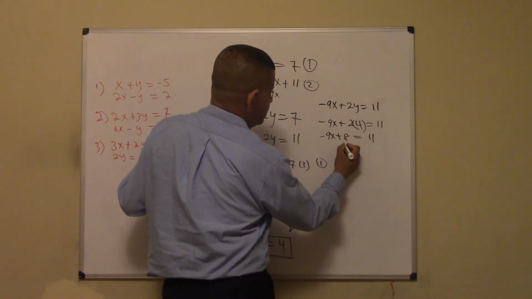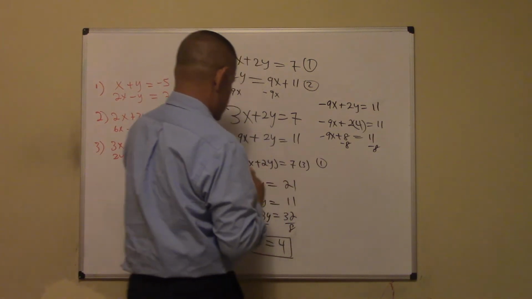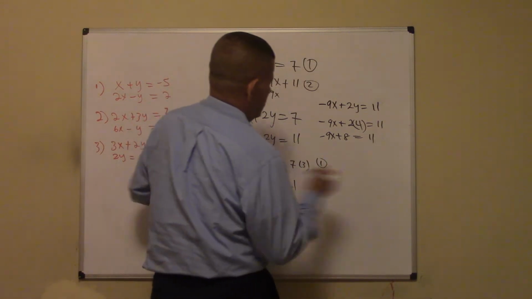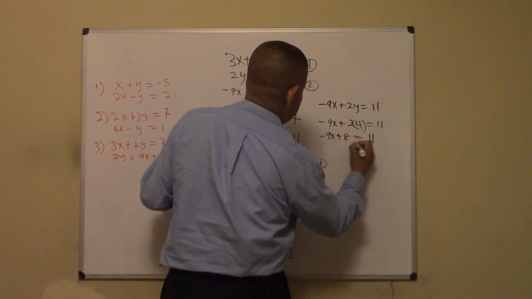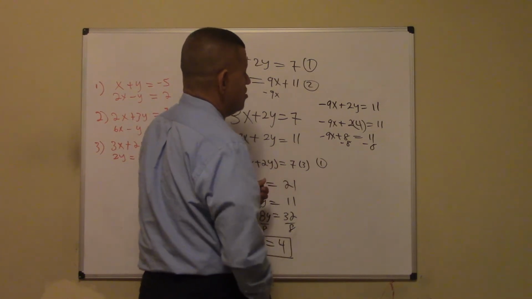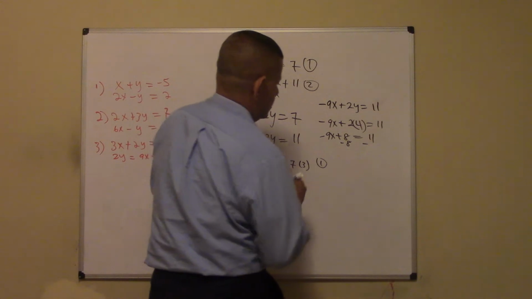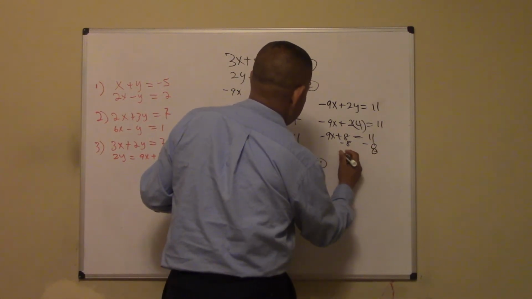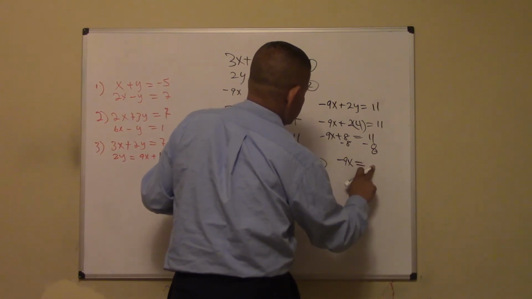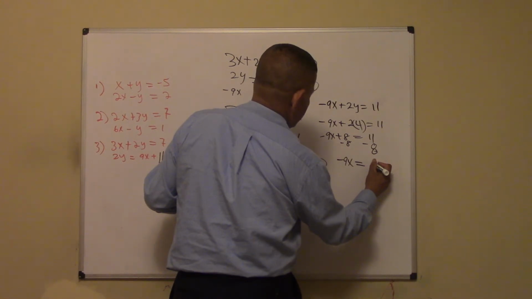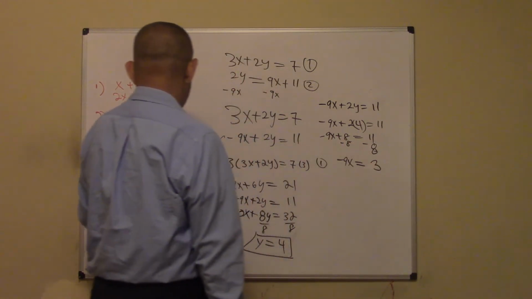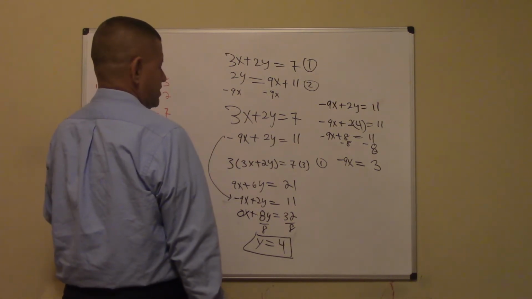So when I subtract 8 on both sides, I get negative 9x is equal to 3.